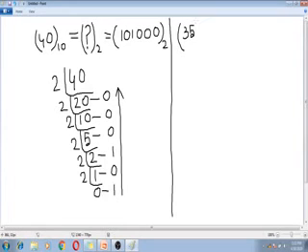Base value 10. Question mark. Convert this decimal number into its equivalent binary. So write 35 here.